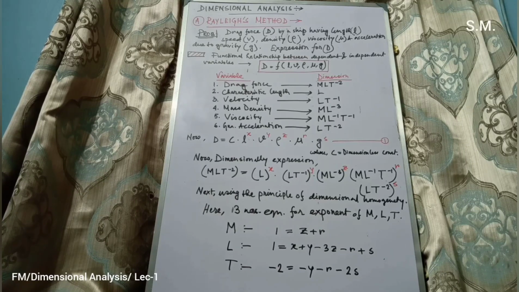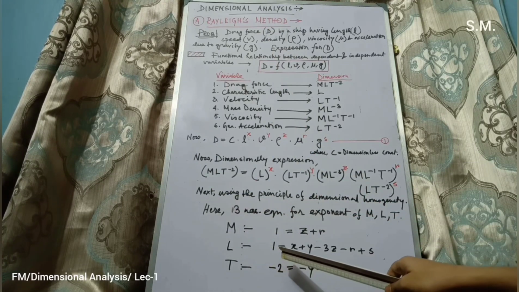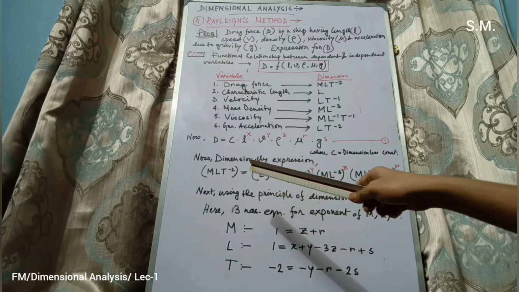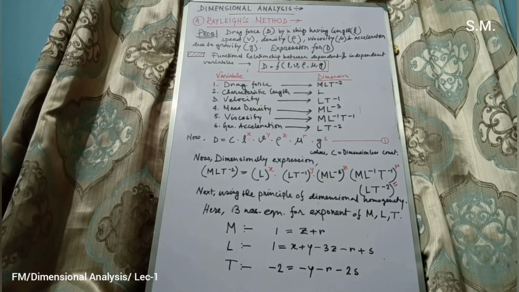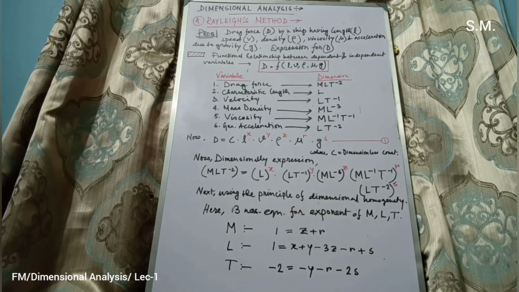Now the next equation, for L. On the left hand side, the power of L is 1, so we put 1 here, equals to the right hand side. For the power of L, in this case there is x.